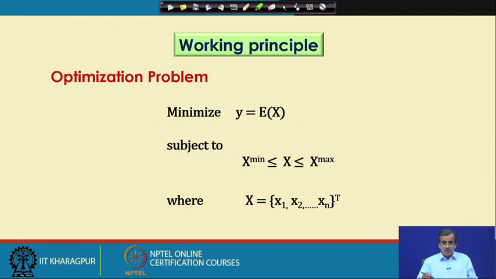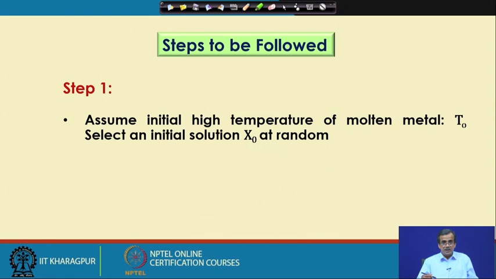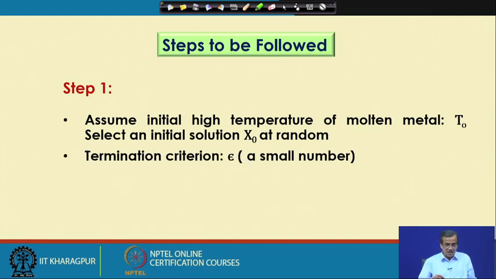Now, let us see how to solve this minimization problem using the principle of simulated annealing. Step 1: we assume an initial high temperature of molten metal, say T0, and we select some initial random solution, say x0, and the termination criterion is epsilon.